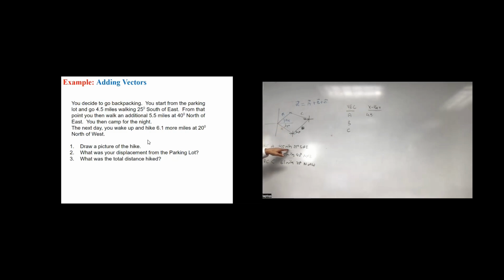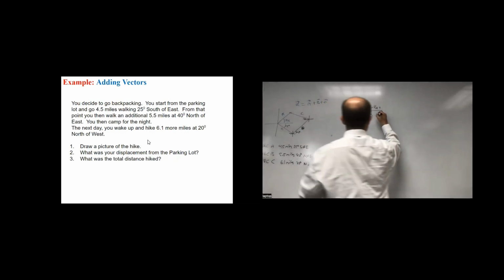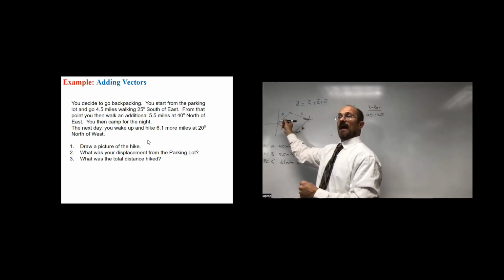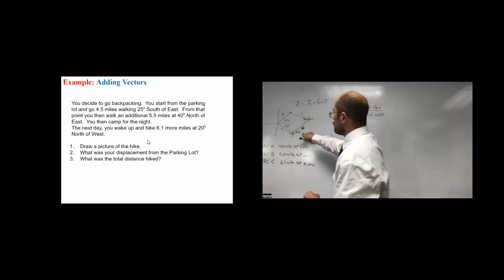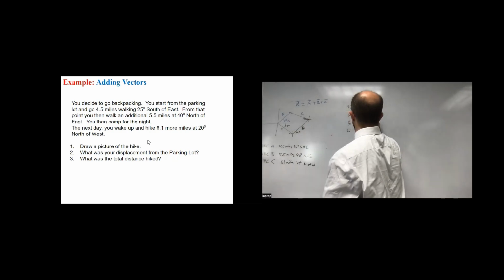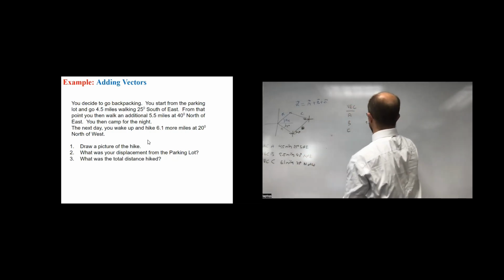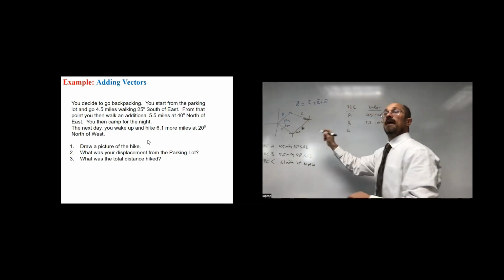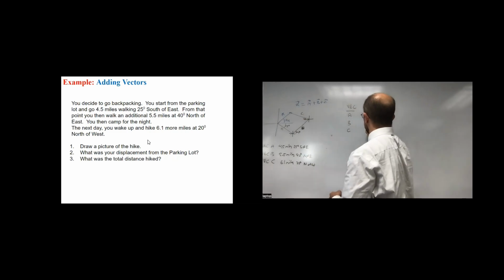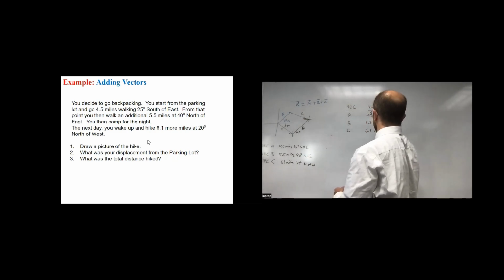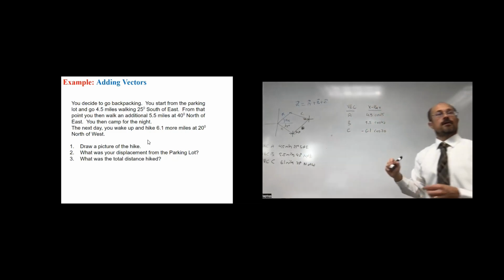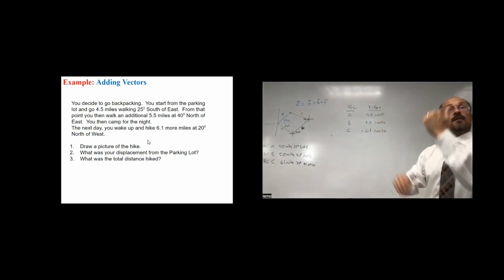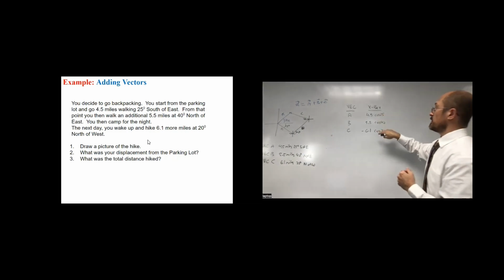So in this case, vector A's x is 4.5 miles cosine of 25, and it points in the positive X direction, so we're fine. Again, this is 5.5 miles cosine of 40, and this one also points in the positive X direction. Now vector C is 6.1 miles cosine of 20, but we put a negative here because it points to the left. Remember, these are vectors, so they point right, left, up, and down. These would be our three vectors.